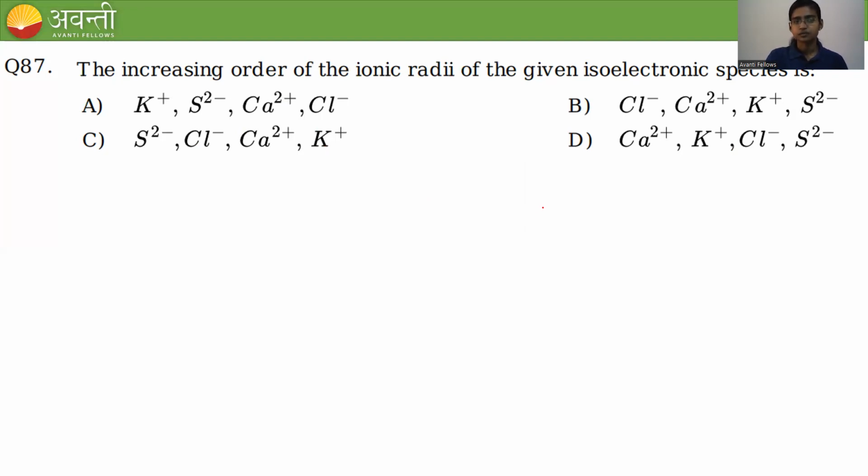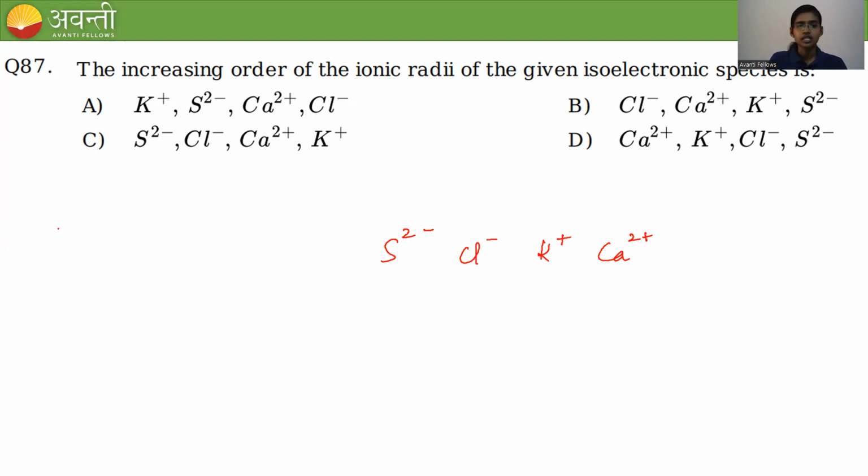So we have K plus, S2 minus, Ca2 plus, and Cl minus. So we can arrange this according to the charge. So K plus and calcium 2 plus, Cl minus, and S2 minus. So these are the species, right?